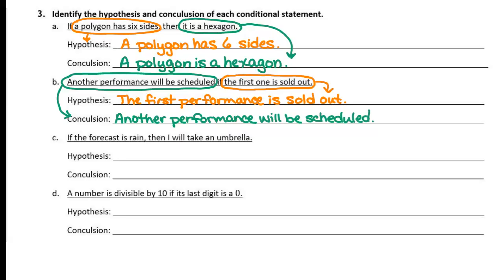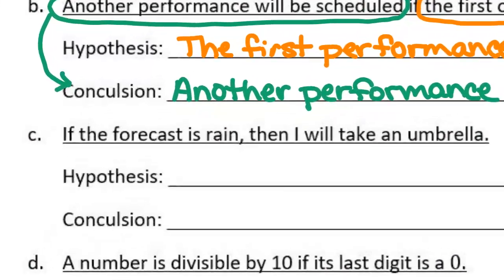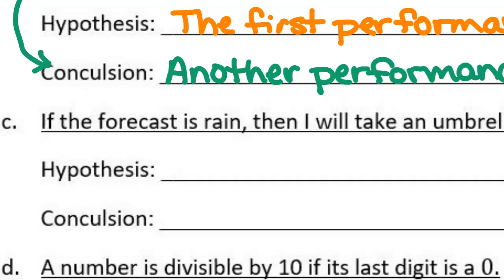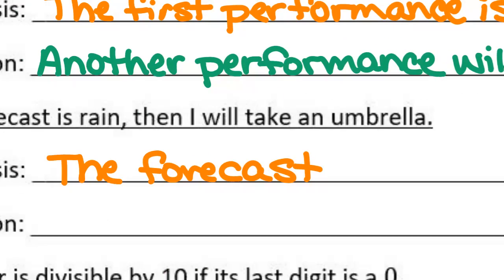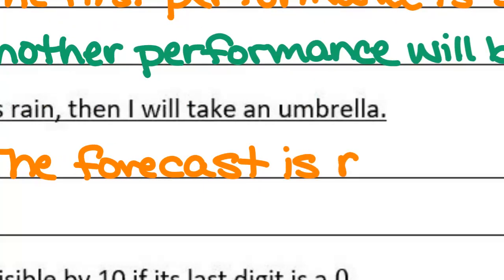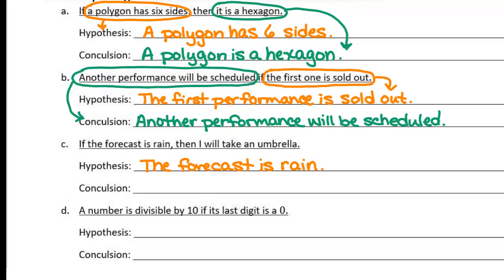All right. Part C, if the forecast is rain, then I will take an umbrella. What is my hypothesis? What'd you say? Super close. There we go. If is my signal word, but it does not get included as part of the hypothesis. So the forecast is rain. The forecast is rain would be my hypothesis.